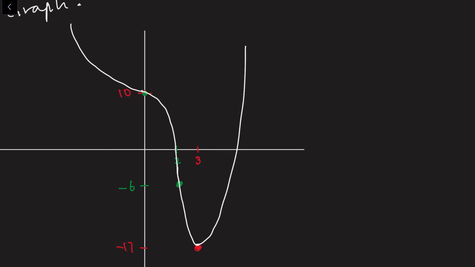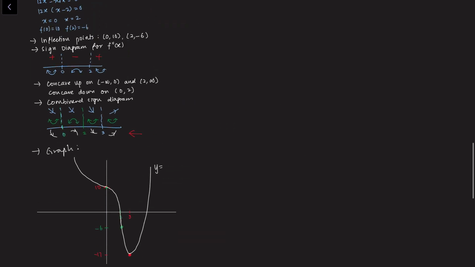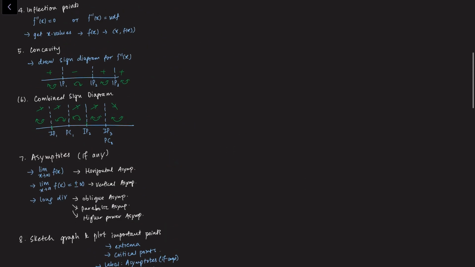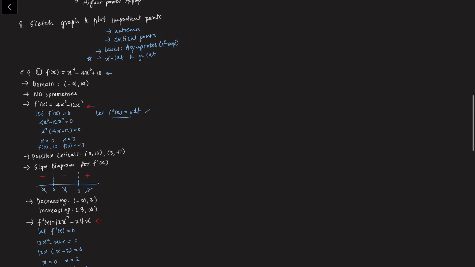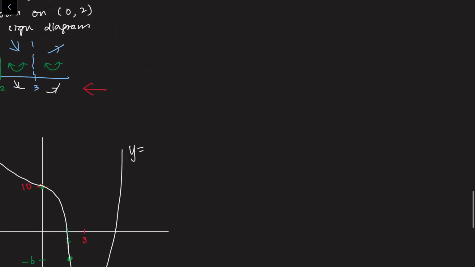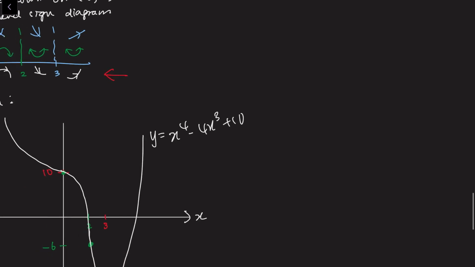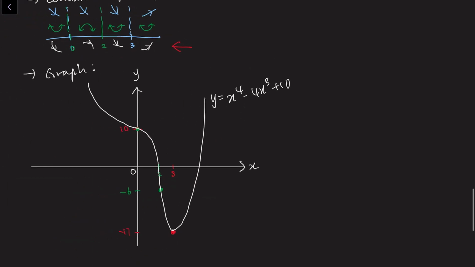Okay, yeah, nice. This is your y equals to x to the 4th minus 4x cubed plus 10. Okay, so this is your x-axis, this is your y-axis, this is your origin. Very nice. Okay?